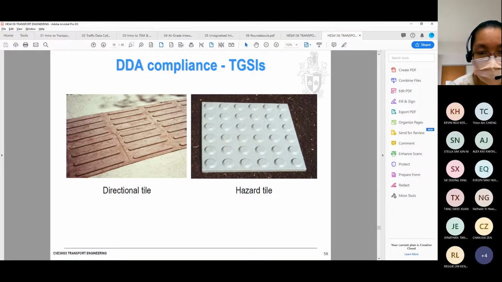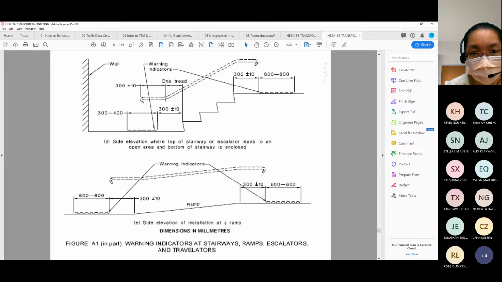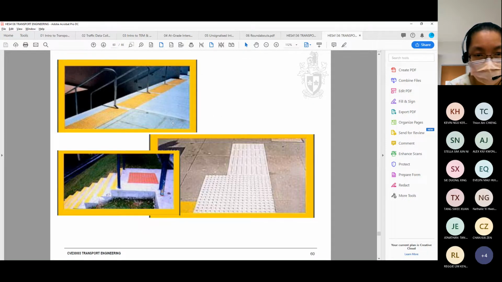So we have given you the examples, directional tiles, hazard tiles, and I think these days most of the new buildings, major buildings, are equipped with this. So we see that you have all these hazard tiles here. This is a hazard tile.